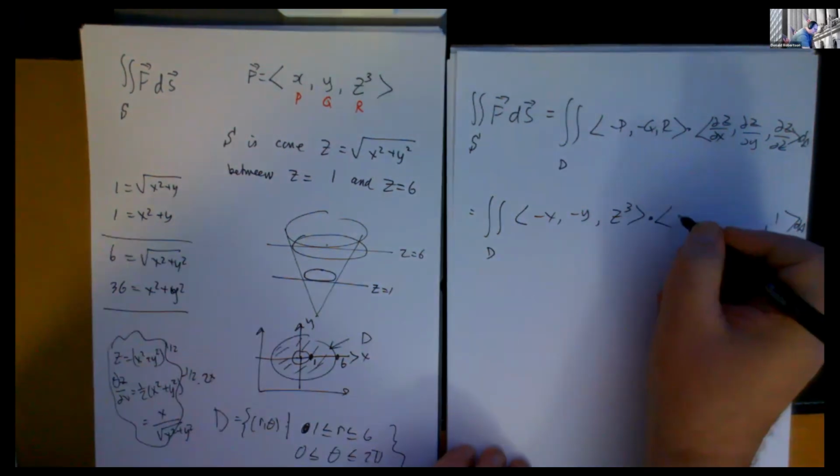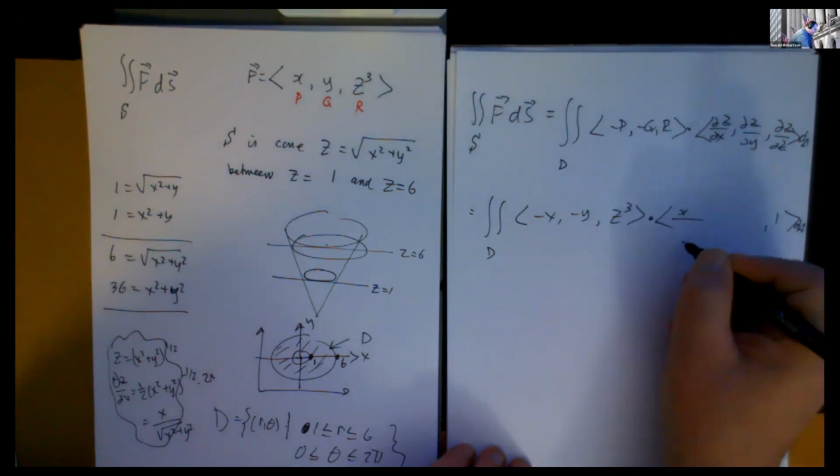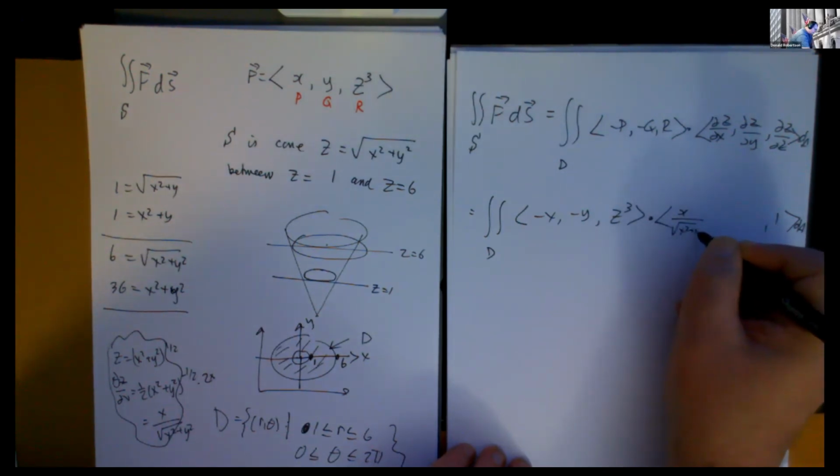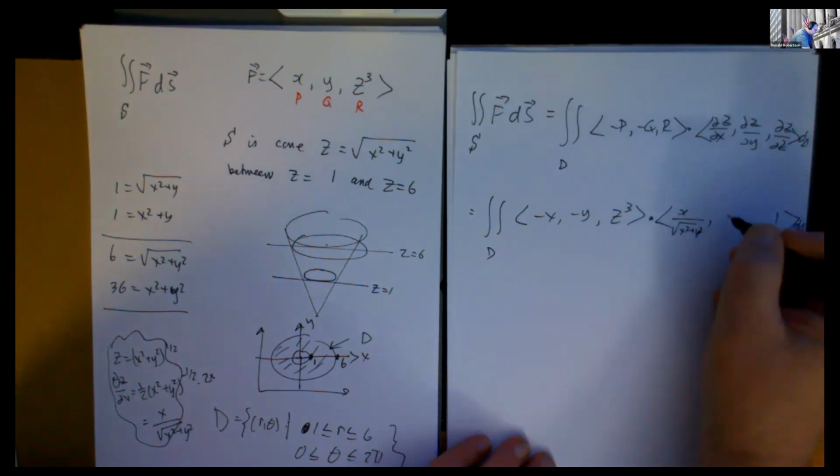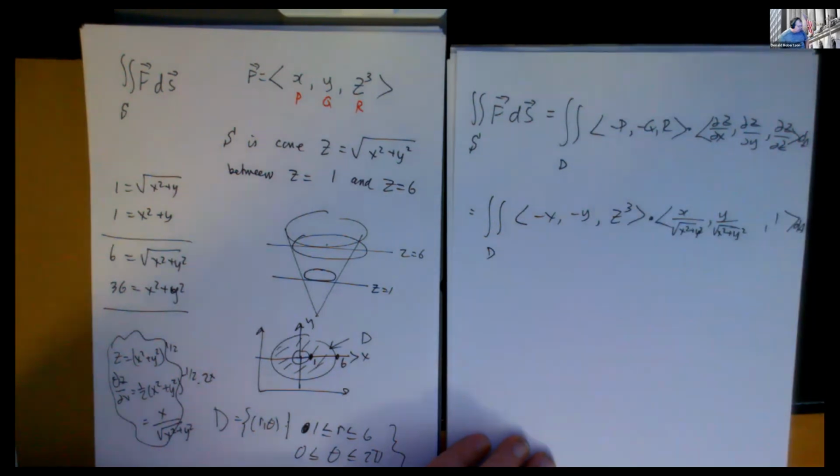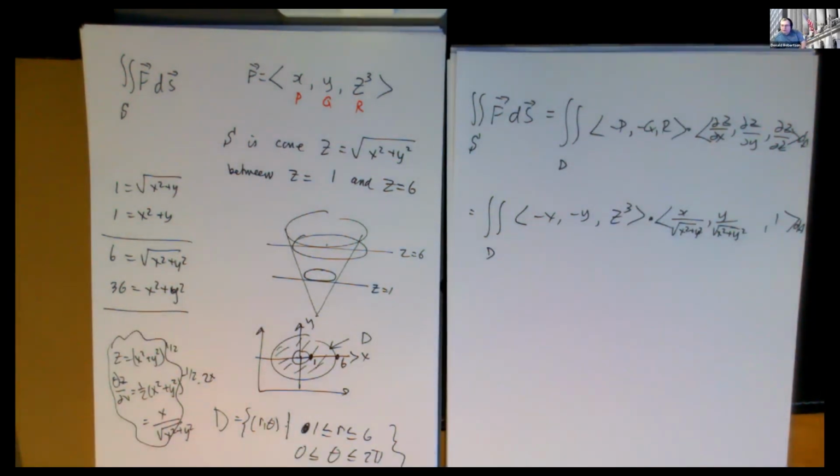So I'm going to have an x over the square root of x squared plus y squared, comma, y over the square root of x squared plus y squared as well, comma 1. Are we okay with that? You know how easy it is for me to screw up?